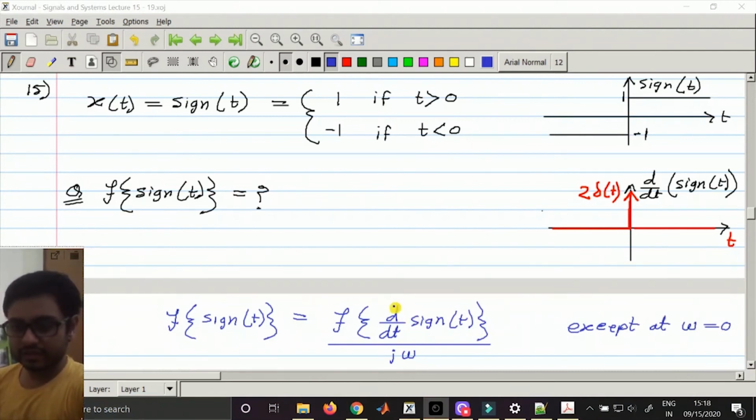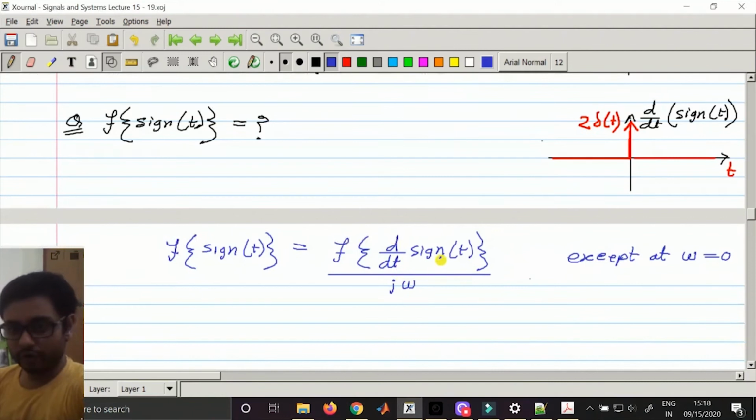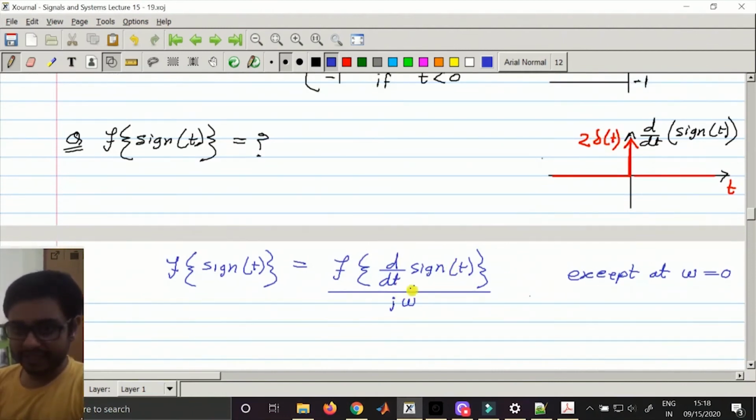Now d/dt of signum t is 2 delta(t), so we write this as the Fourier transform of 2 delta(t) whole divided by j omega, and we have calculated that the Fourier transform of delta(t) is 1, so this will be equal to 2 divided by j omega.